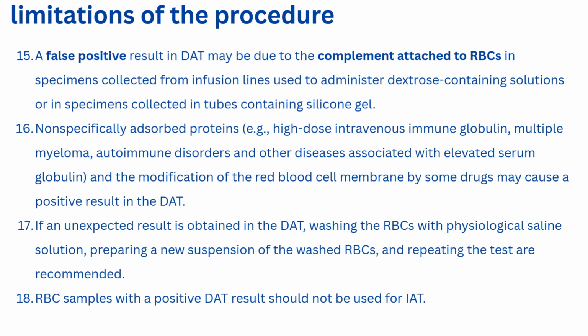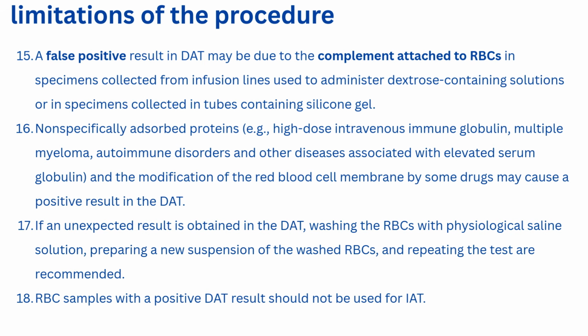A false positive result in DAT may be because of complement attached to RBCs in specimens collected from infusion lines used to administer dextrose-containing solutions, or in specimens collected in tubes containing silicone. We also have non-specifically adsorbed proteins like high-dose IV immunoglobulins.